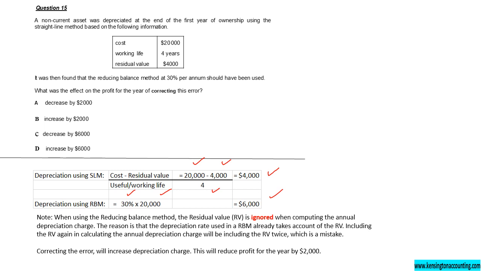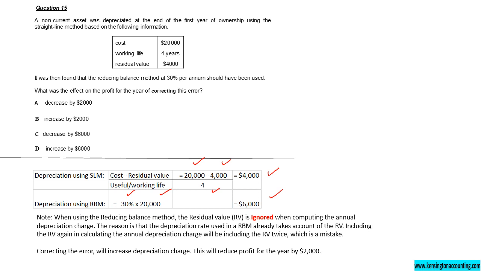Therefore, if you include 4,000 in the reducing balance method, you'll be double counting it. Therefore, using the straight line method should have been 4,000. And using the reducing balance method, the depreciation is 6,000.